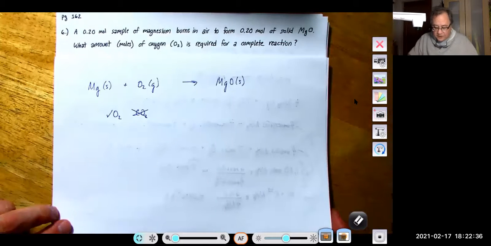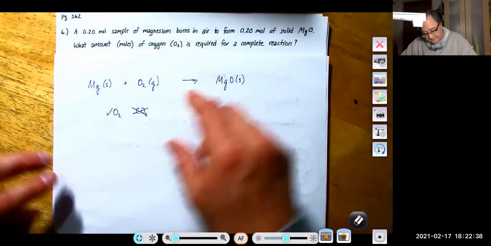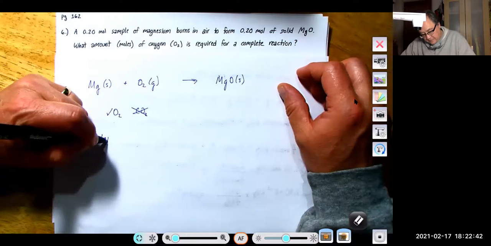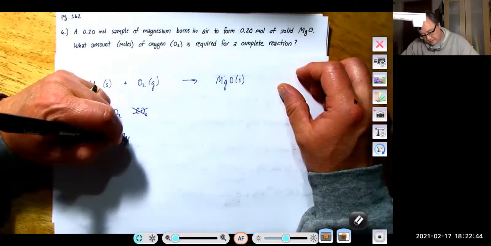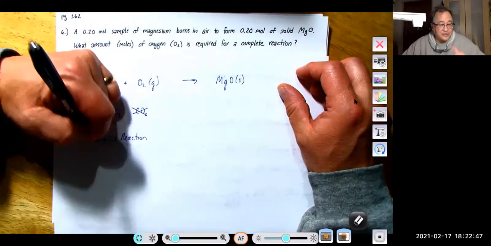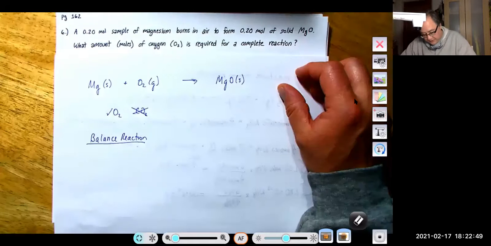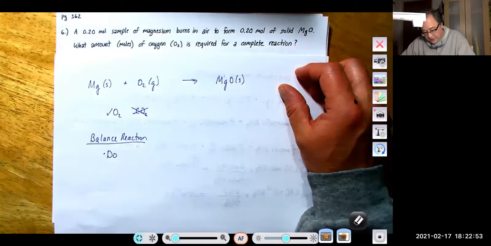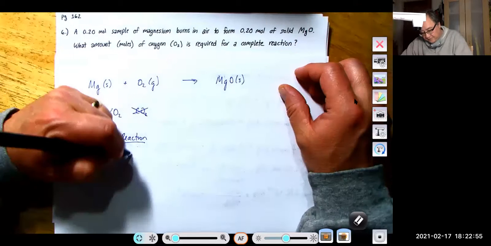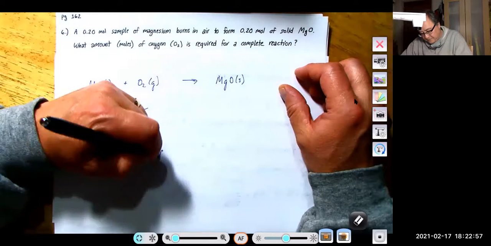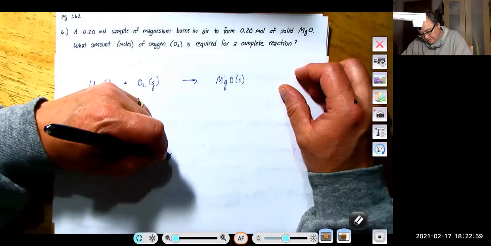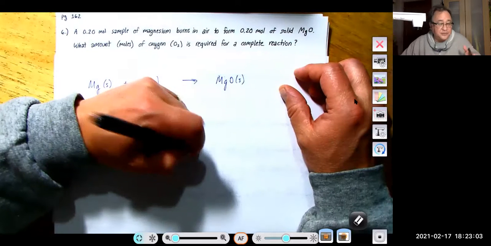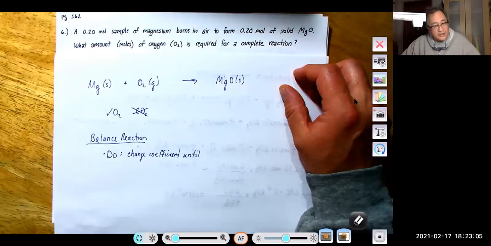And now we need to balance the reaction. For balancing reactions, there's a do and a don't. Here's the do. Change coefficients. You change coefficients until the atoms on one side equal the atoms on the other.